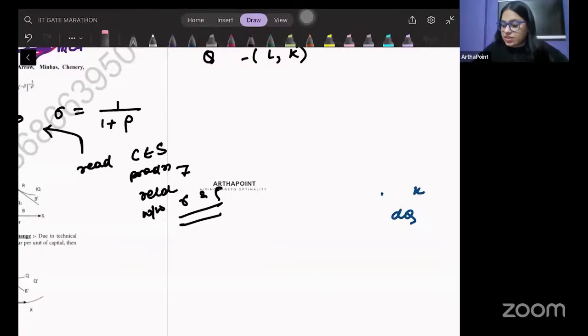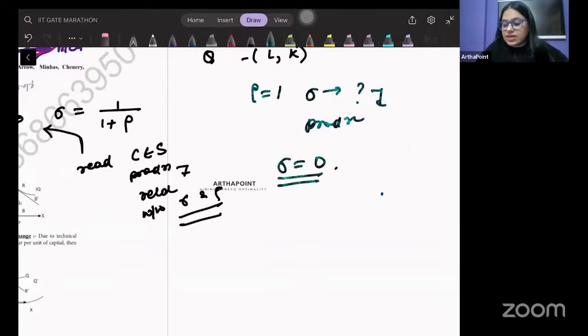We have done this: if rho is 1, then what will sigma be, and which production function will it represent? If your sigma is 0, then it represents complementary goods. Or if sigma is infinity, it represents which good? It represents substitute goods.